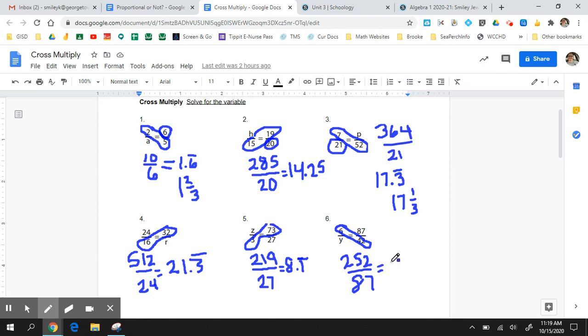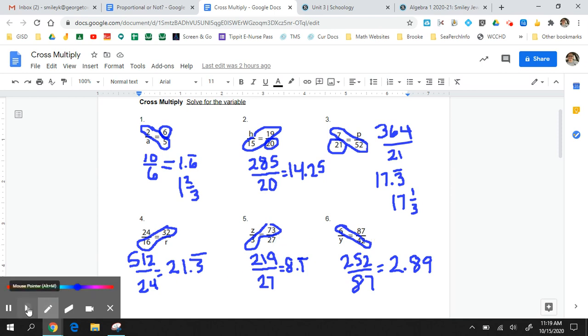So this one's a little weird. The decimal is definitely longer. You could see what your calculator would simplify it down to as a fraction, but I'm going to go ahead and just write 2 decimal places, 2.89. Okay, so that's a quick review on cross multiplication.